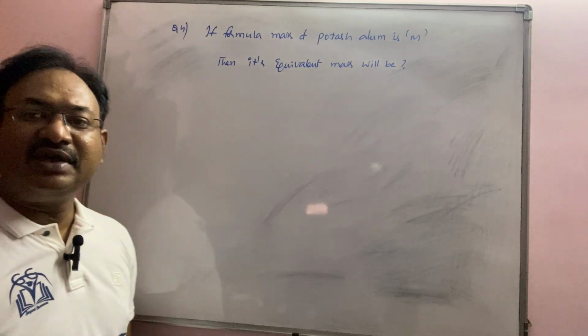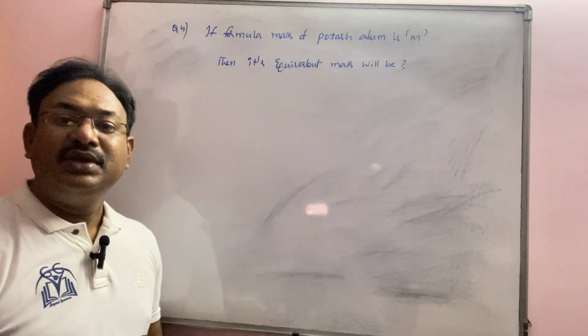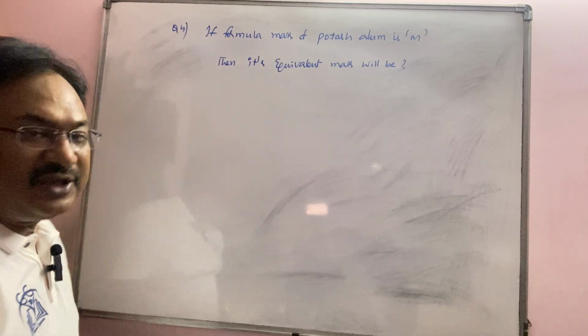So if formula mass of potash alum is capital M, then its equivalent mass will be.